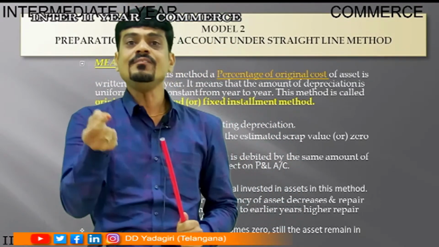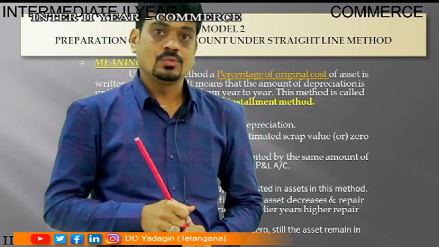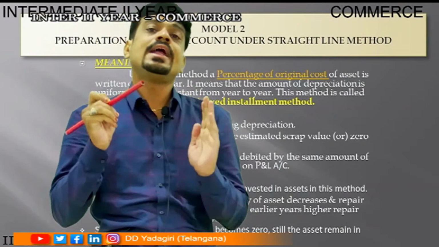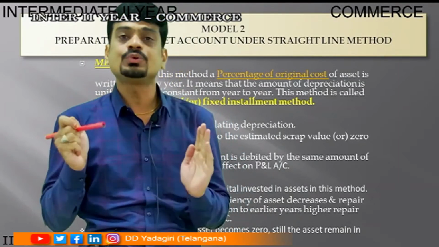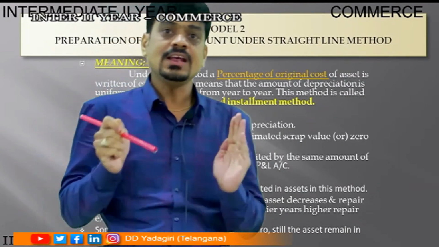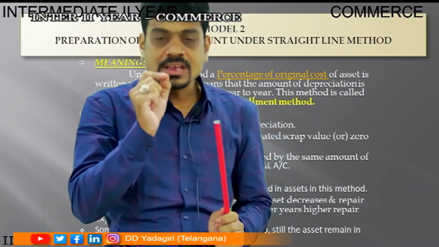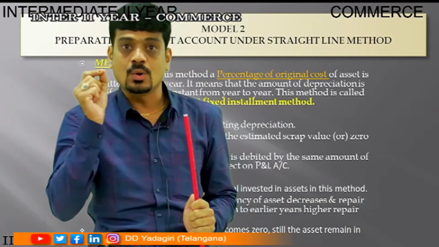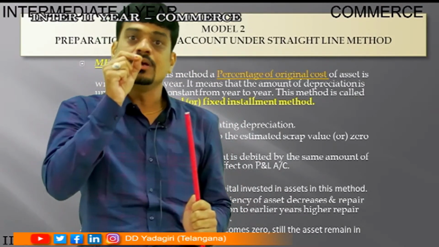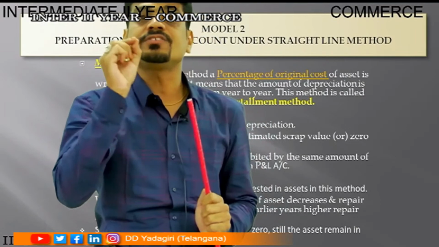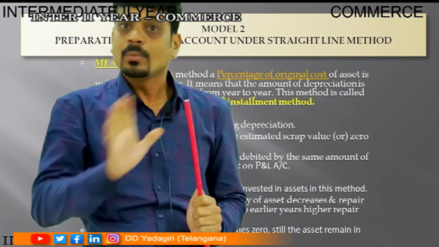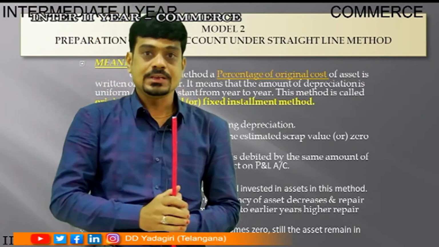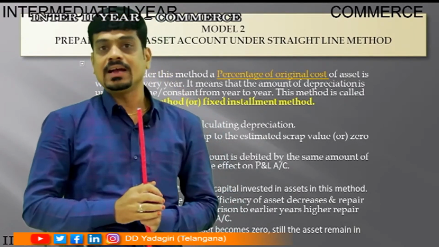When we are closing the books of accounts, always the books of accounts are closed at the end of the financial year, which we call even as the accounting period. According to the Companies Act, it is 31st March every year. Don't take December. Always we have to take 31st March only. That is the second important guideline.